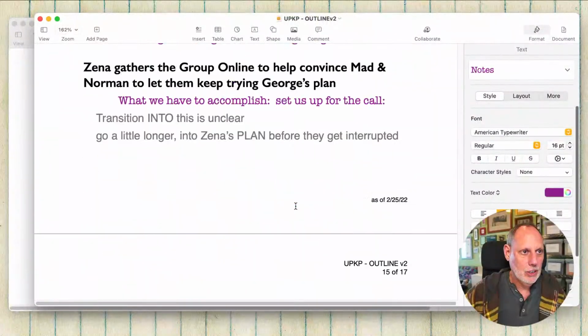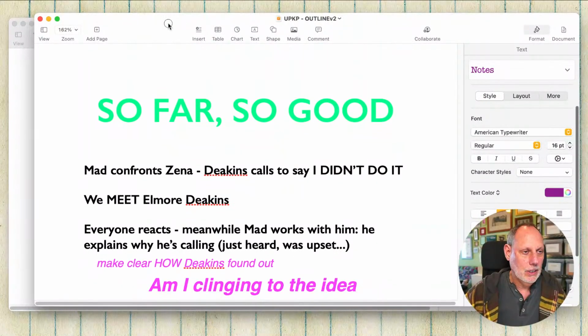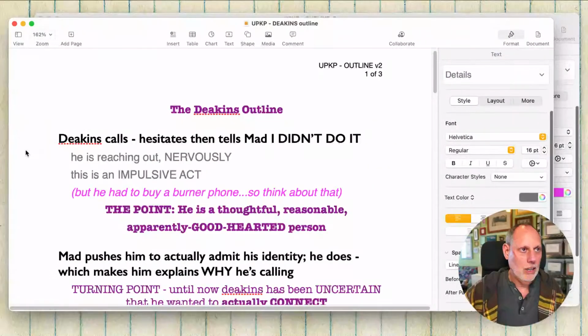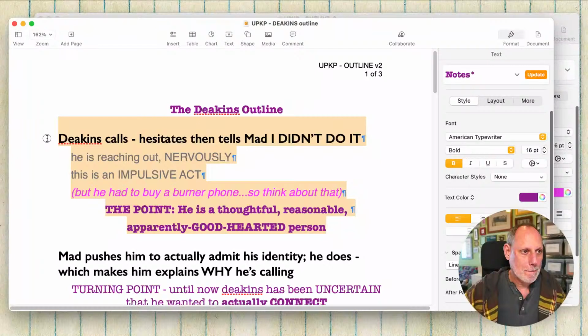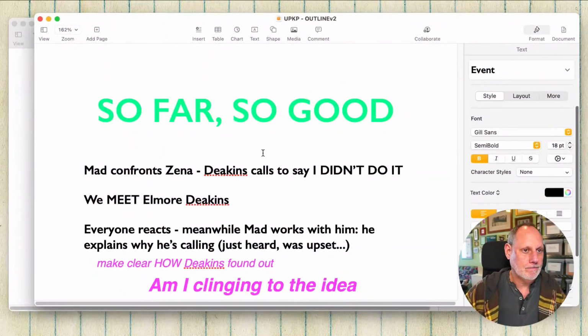Okay, so let's start here. This is what I've got here, the Deakins outline, and I am cutting and pasting into the outline, and there will be some overlap.